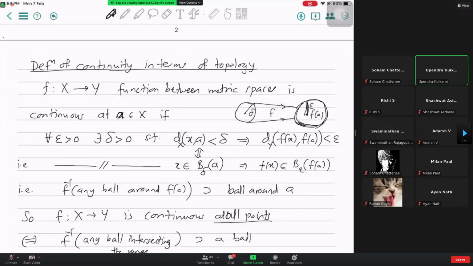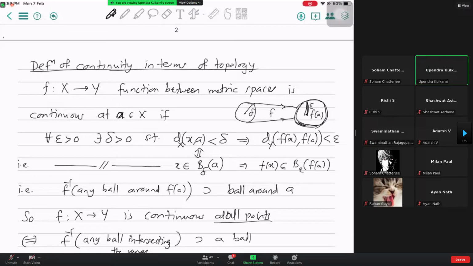Because you see, f inverse of any ball around f of A. So in the formulation above, I need a ball that contains a point in the range, and the right hand side contains a ball. Do I need to make any change over there? No, because any ball intersecting the range contains a point f of something. And the moment I take f inverse, that something is caught in there, no?